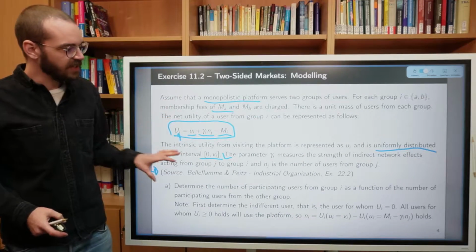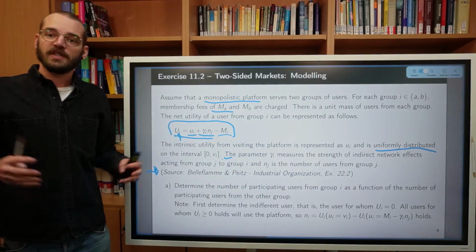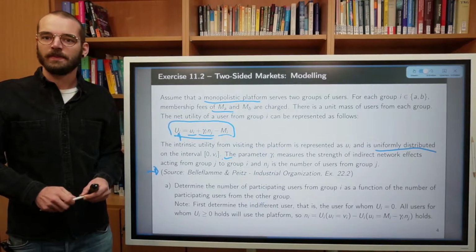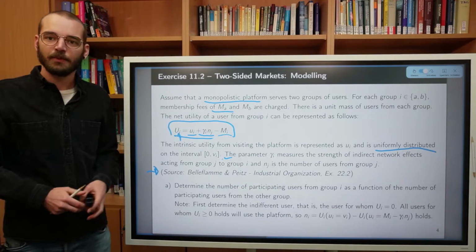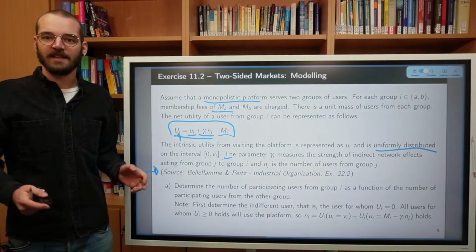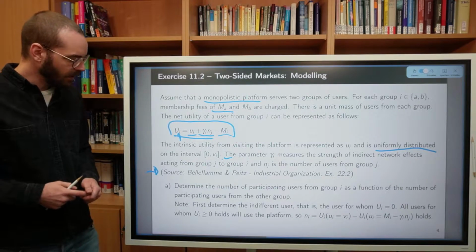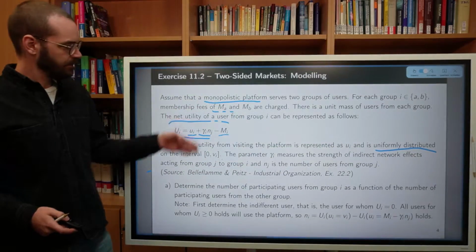This in particular is exercise 22.2. And just as an aside, in case you're not satisfied with my explanations, you can always have a look into the textbook itself, where the authors provide a solution to this exercise as well. All right, so let's dive right into this.